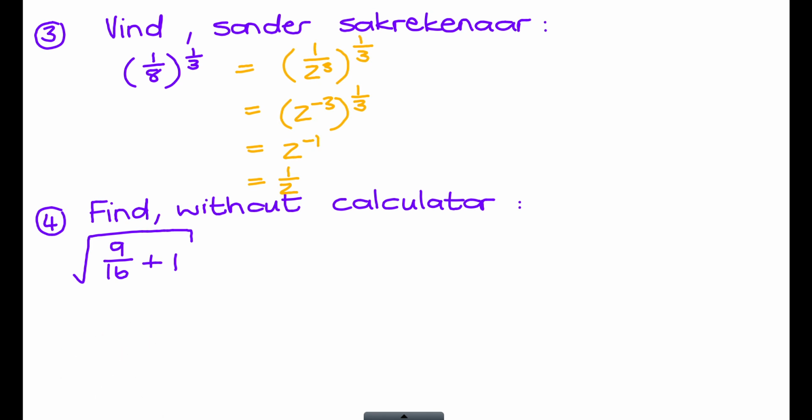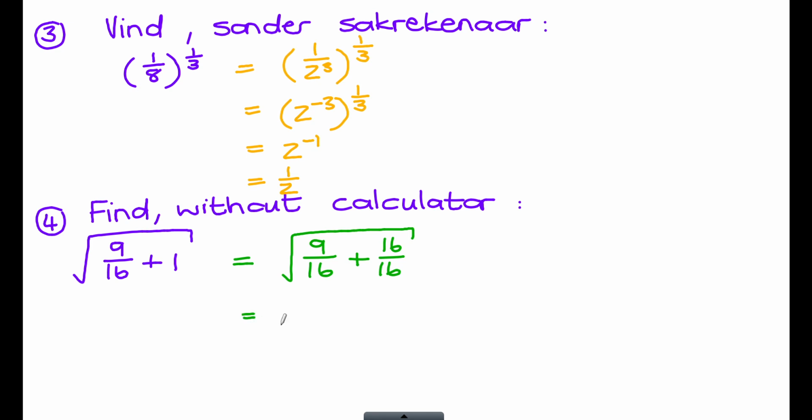Simplify. Okay. Nou, eerste stap gaan wees, tel hierdie bymekaar. So omdat ek sonder 'n sakrekenaar moet jy gaan wys. I've got to show that I make my denominators the same. So it would be 9 over 16 plus 16 over 16. Jy sal sien, hulle skryf hom net daar as een breek.